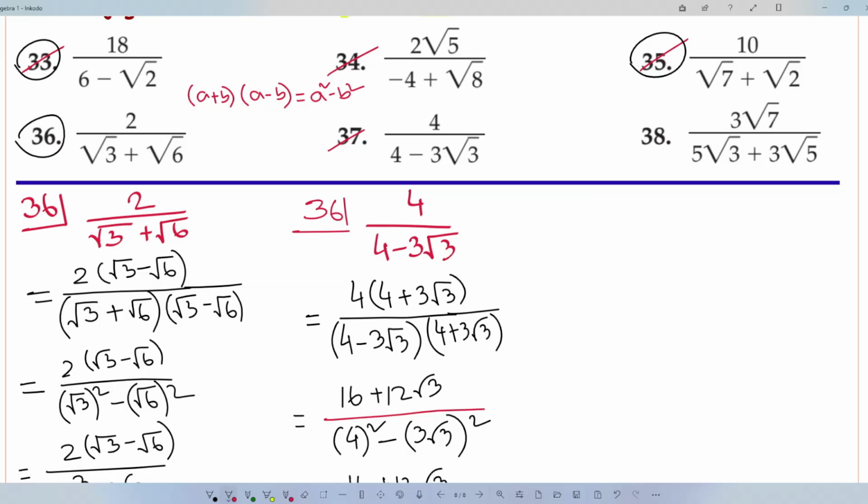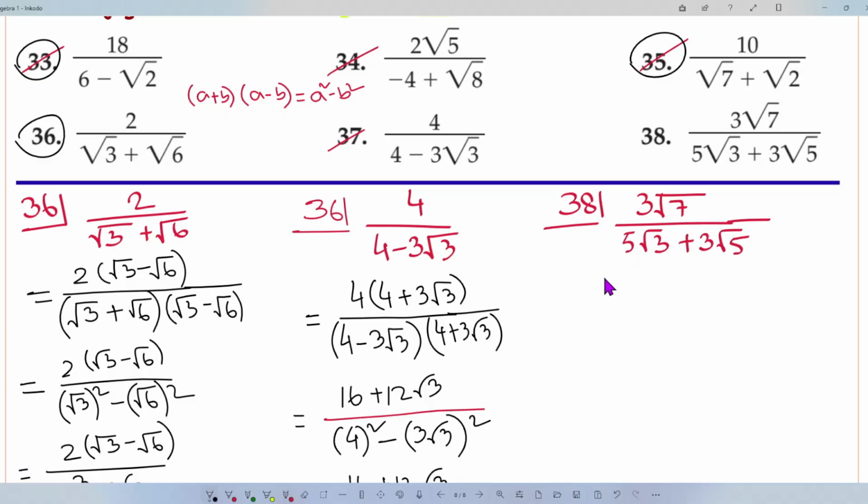Number 38. Here is 3 root 7 by 5 root 3 plus 3 root 5.